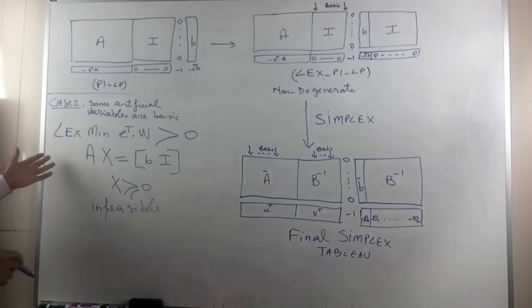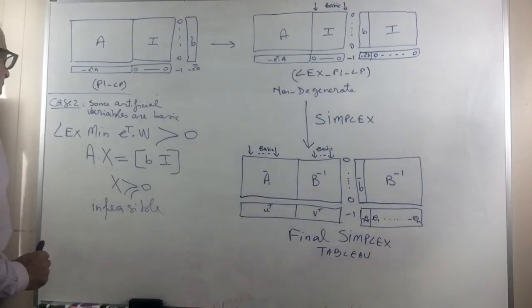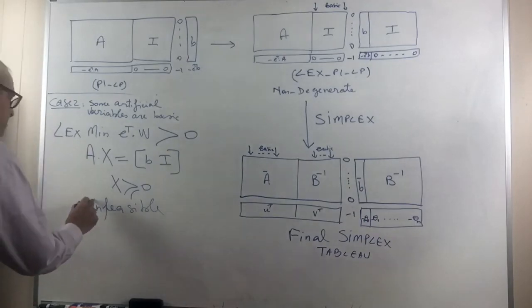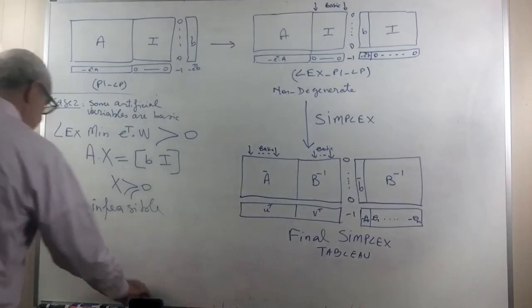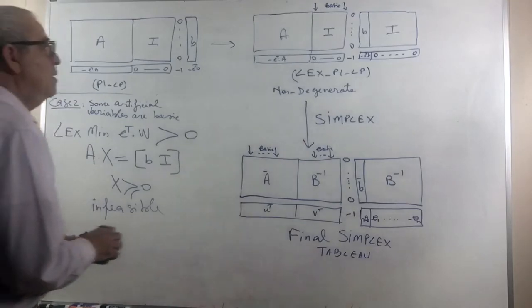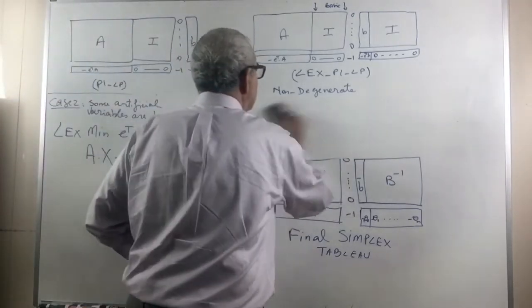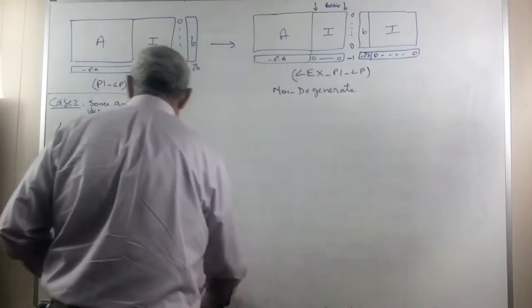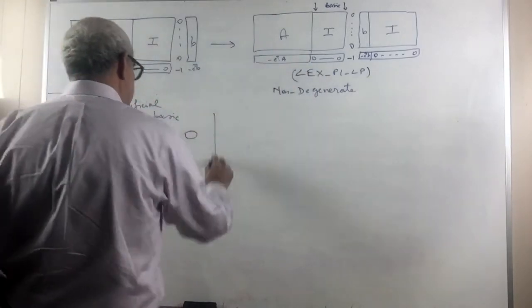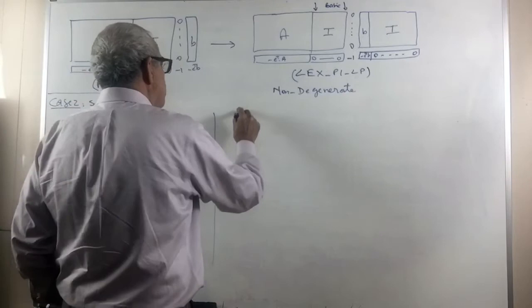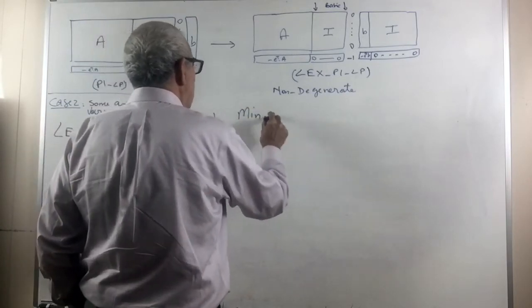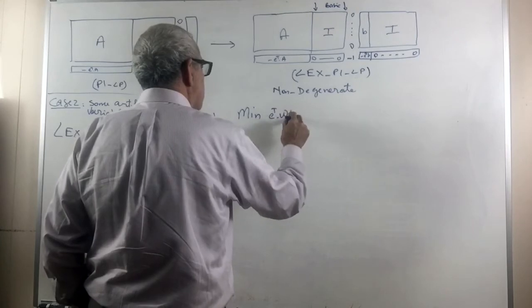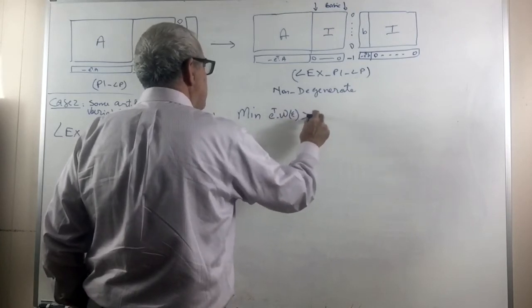And the same thing for the epsilon. The epsilon LP is infeasible. So I have the minimum of E transpose W here of epsilon is bigger than 0.